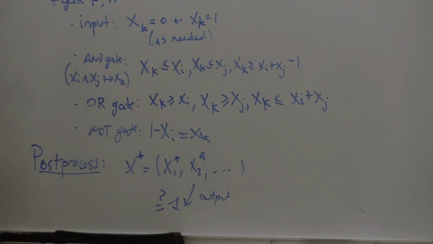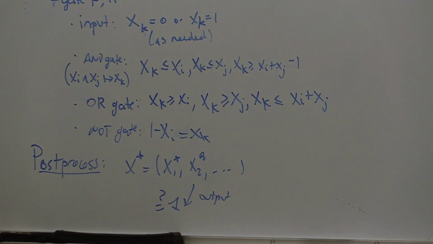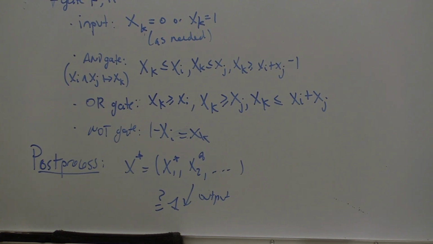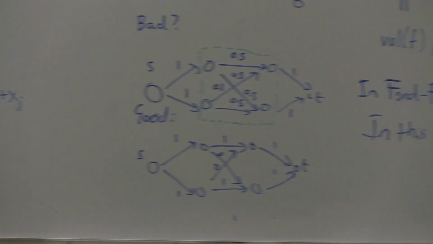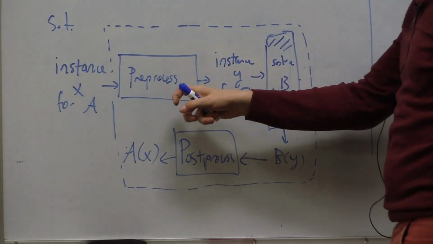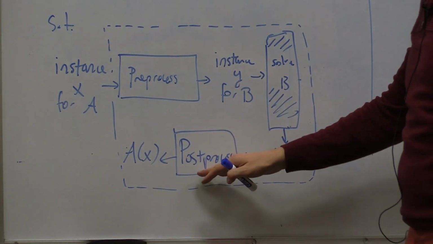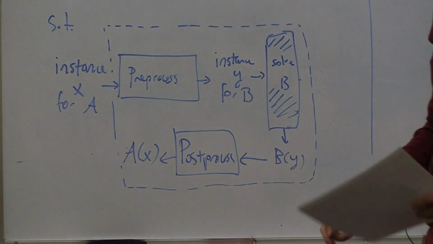Now, I want to make a point here. We just went through an example where A is the circuit value problem, B is LP, and we wrote pre-process and post-process algorithms. Now, crucially, pre-process and post-process need to be efficient algorithms.